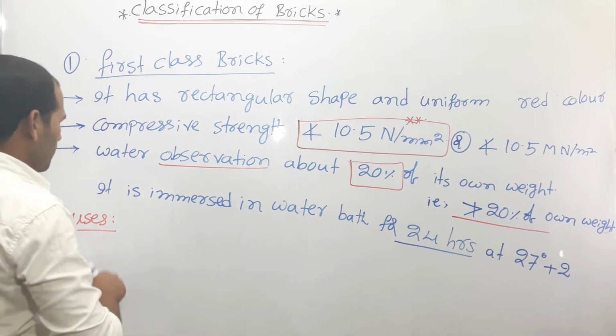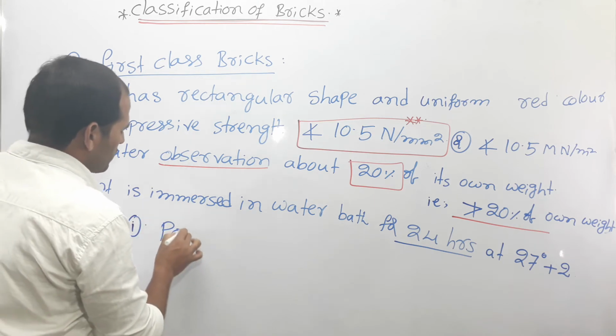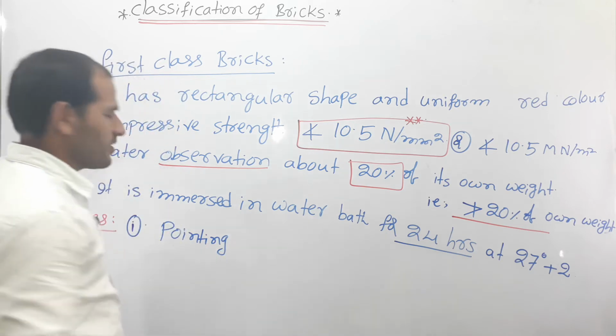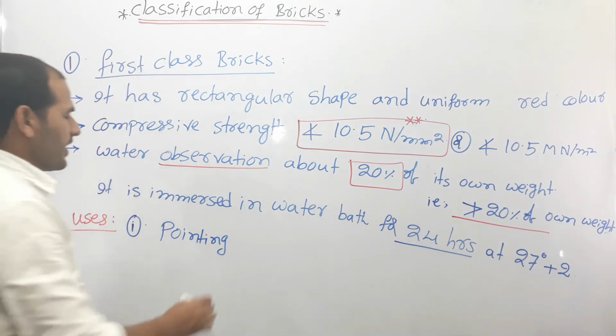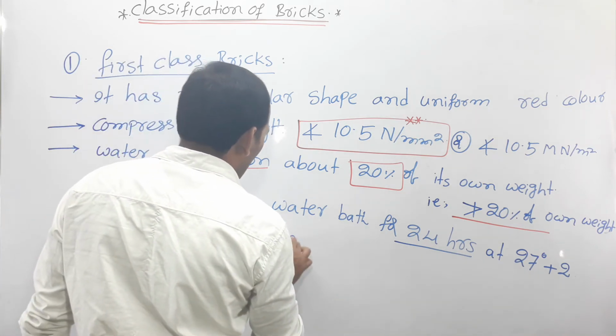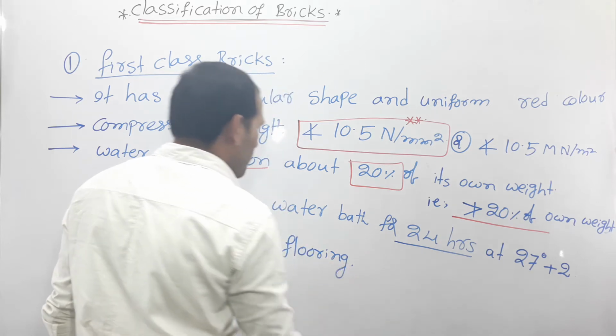First class brick is used, number one, for pointing purpose, and number two, for flooring purpose.